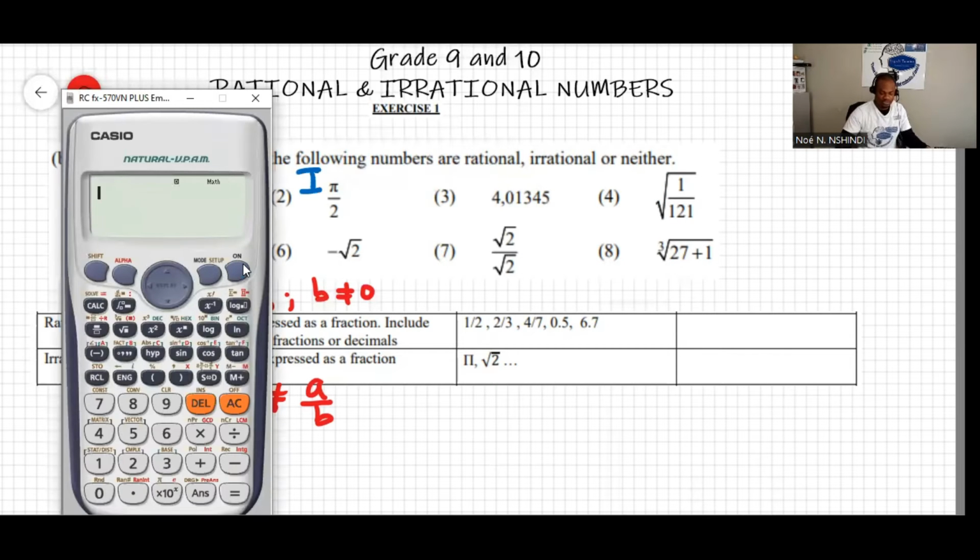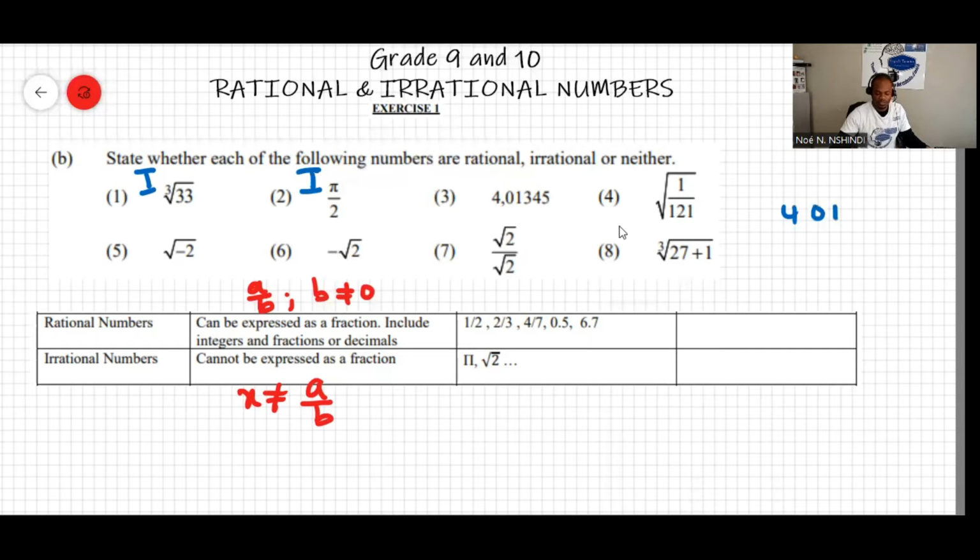I write 4.01345, and then press S to D. Maybe it doesn't show it like this in the calculator, but I can write it as 4.01345 over, how much? 1, 2, 3, 4, 5 zeros, so over 100,000. This is the form A over B I was talking about, numerator over denominator. So this is a rational number. I can just write R next to it.